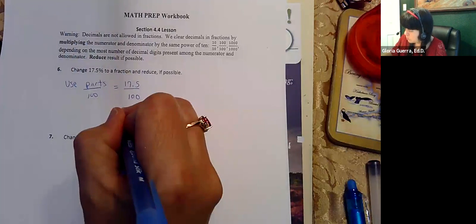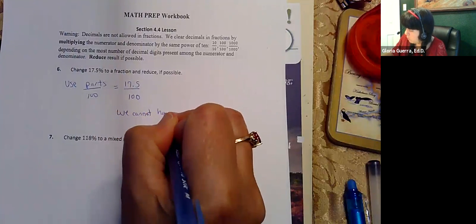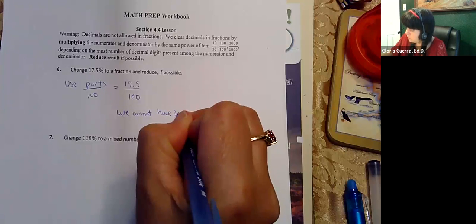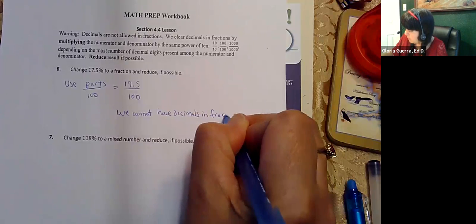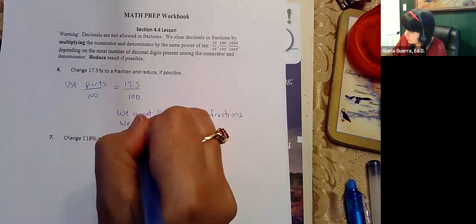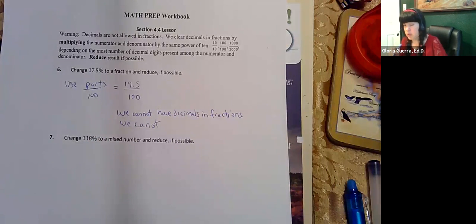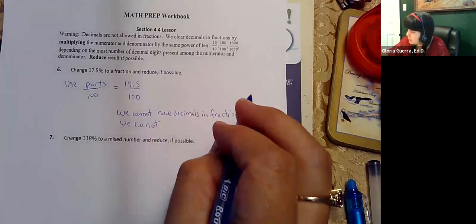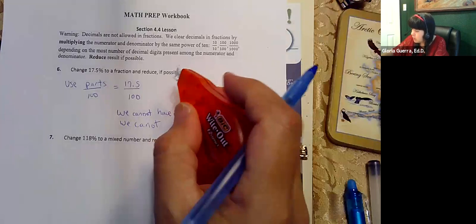We cannot have decimals in our fractions, so that 17.5 is an issue.